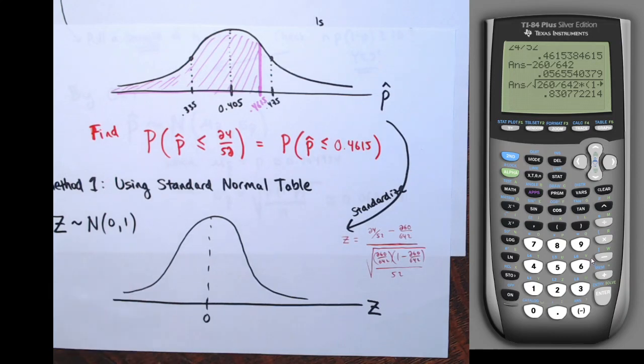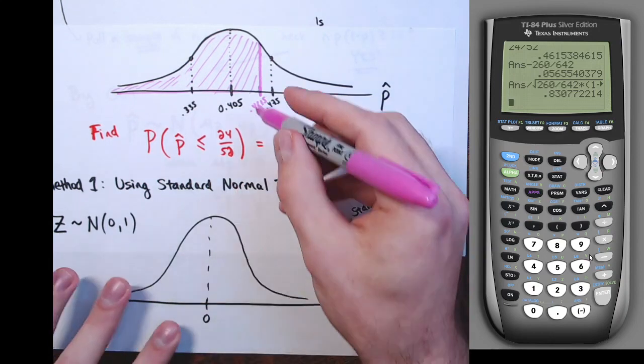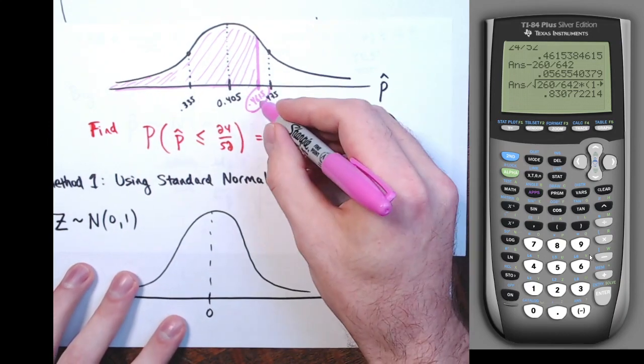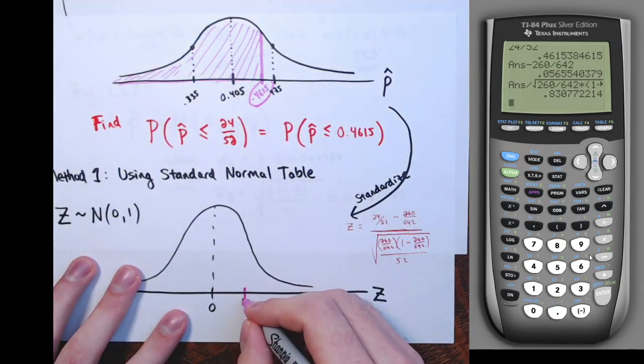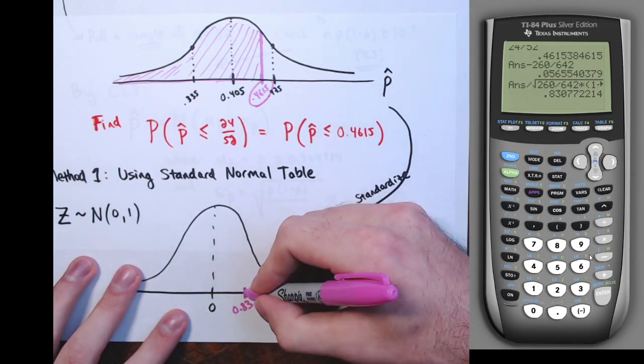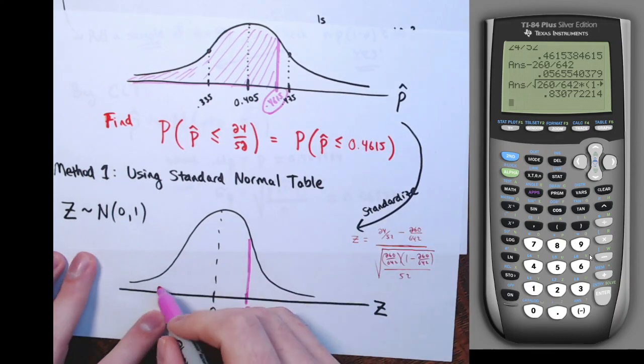So we're getting a z-score of 0.83 if I round that to 2 decimal places. So this value here, this one I have up here for the p hat, has a z-score of about 0.83. Right. And then we're finding the area to the left of that.